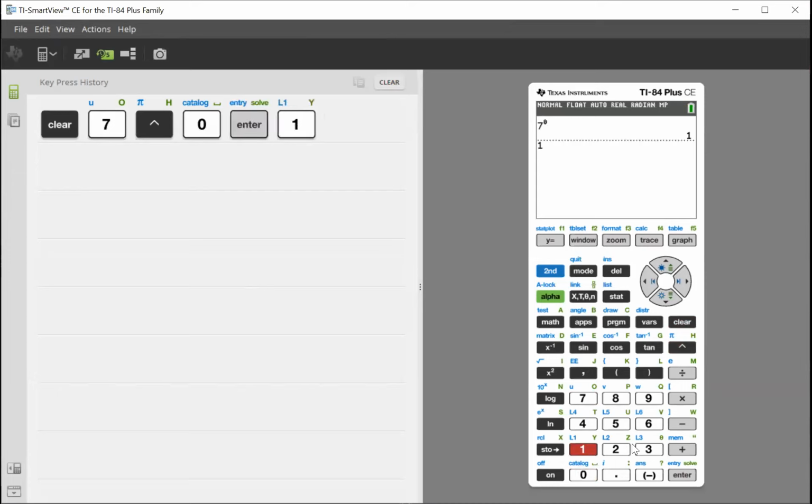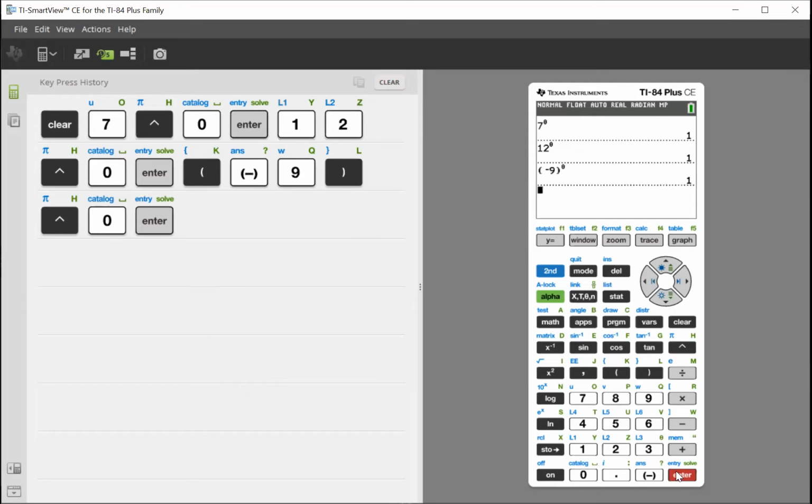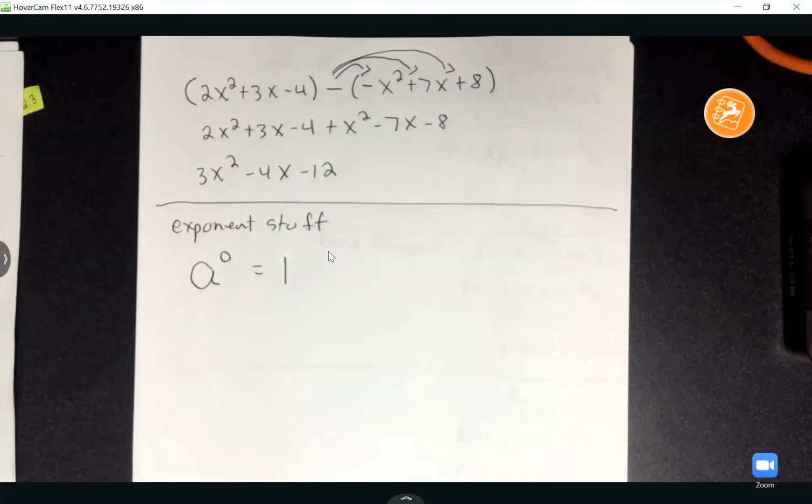I'm gonna put in 12 exponent 0. 12 exponent 0 gives me a 1. Now remember, for negative numbers, I would put them in parentheses. So -9 in parentheses to an exponent of 0 is going to equal 1. Okay, so anything to the 0 power is going to equal 1 for us, okay?